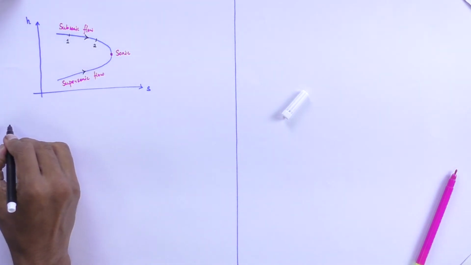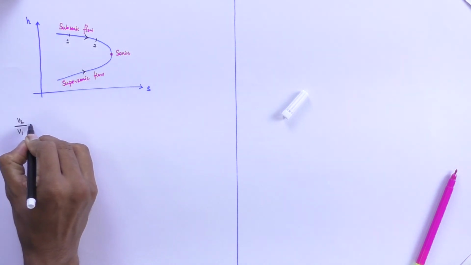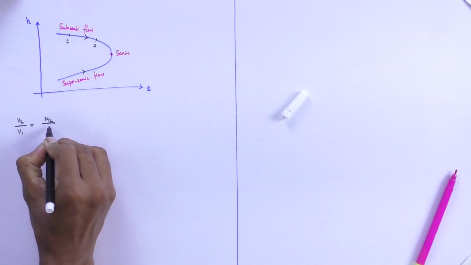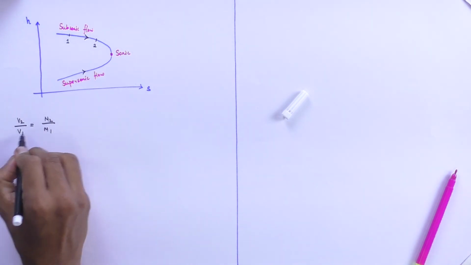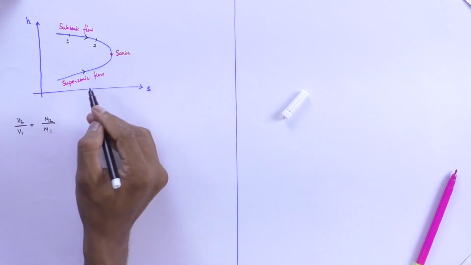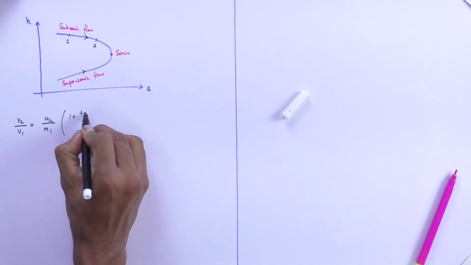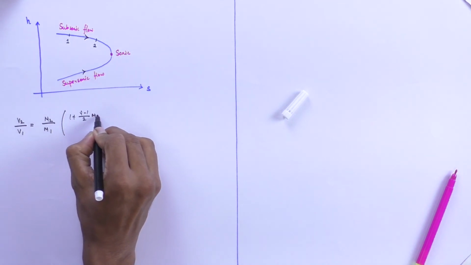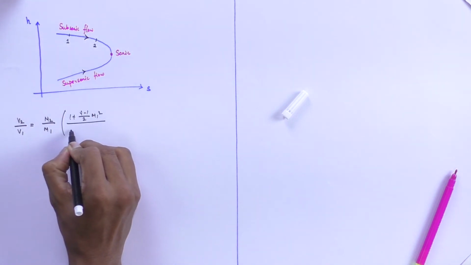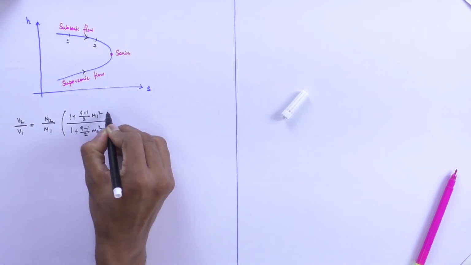Those relations are V2 by V1 is equal to M2 by M1, which is applicable for the subsonic flow region as well as the supersonic flow region, into 1 plus gamma minus 1 by 2 M1 square divided by 1 plus gamma minus 1 by 2 M2 square whole power 1 by 2.